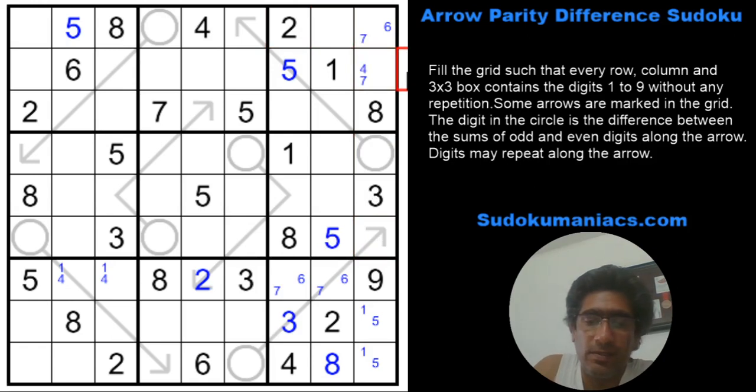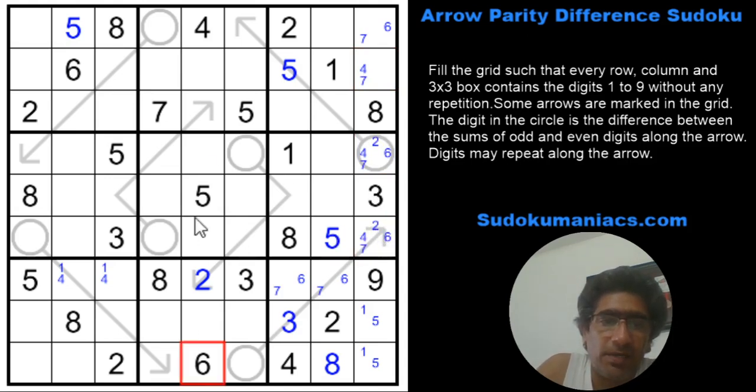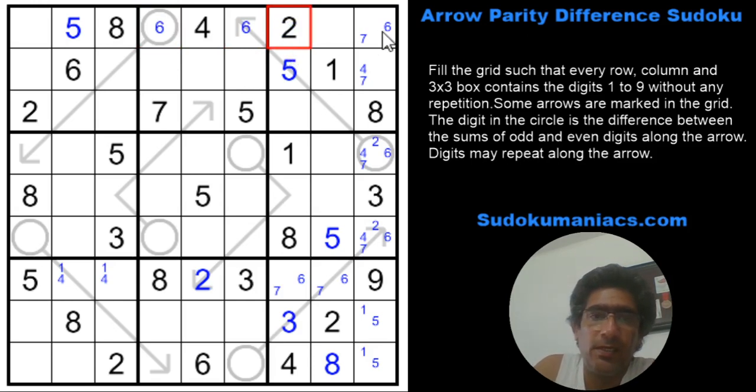Sorry, 4 7 here, 2 4 6 7, 2 4 6 7. But the 6 in box 2 cannot be here, it cannot be in row 2. So the 6 is locked in column 4, sorry. So I think we can safely eliminate the 6 from here, and this becomes a 4. So I get a pair of 2 6.